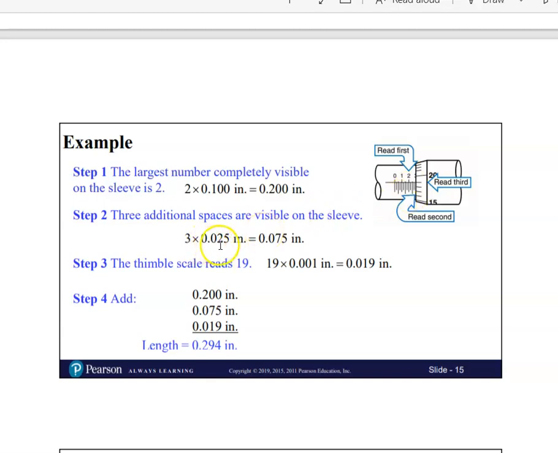So they did 3 times 0.025 and got 75 thousandths. Then the thimble part, we've got 15, 16, 17, 18, 19. So they did 19 times 0.001, which got them 19 thousandths. They added the numbers together to get 0.294.